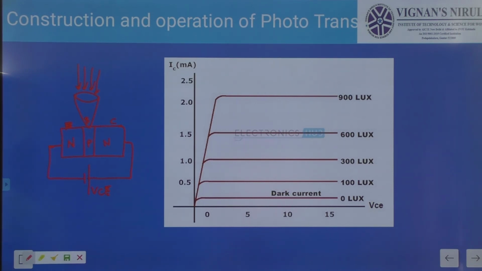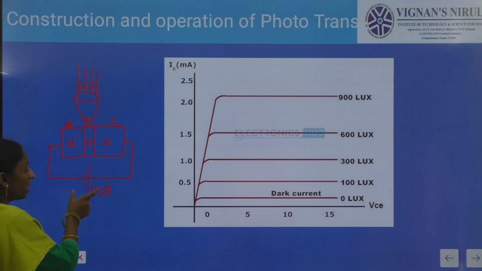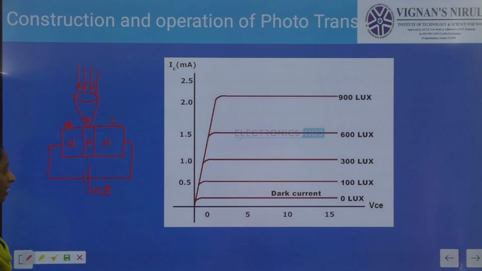So before applying light to the phototransistor, there is a current flow due to what? Due to minority charge carriers, because we are applying reverse voltage between emitter and collector. Due to this reverse voltage, there is a small amount of current due to minority charge carriers when light is zero.